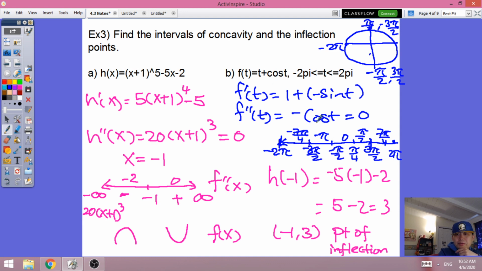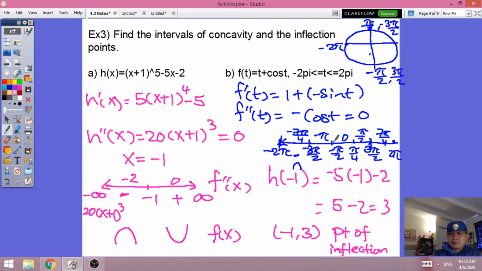Okay, so plugging a number back into the second derivative. So cosine of negative 7 pi over 4, and that one is going to be considered negative. So that means it's going to be concave down right here. And then negative pi, cosine of negative pi. Well, we do know that cosine of pi would be considered negative 1.